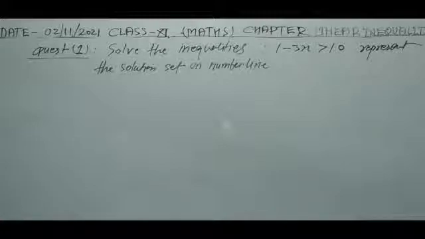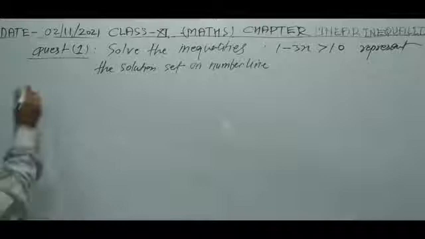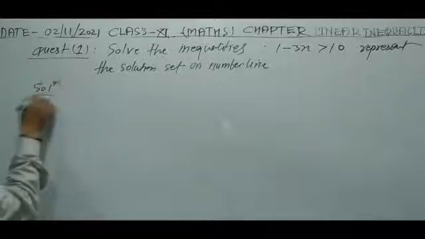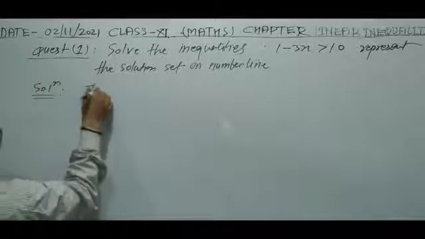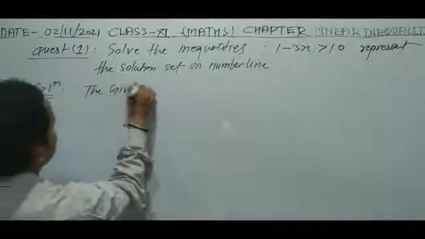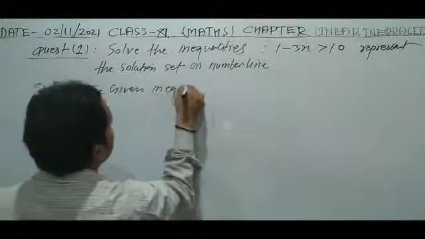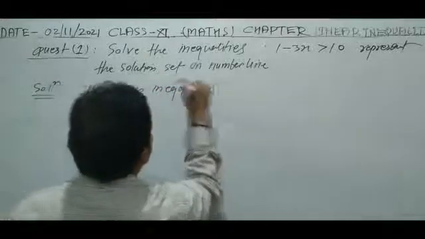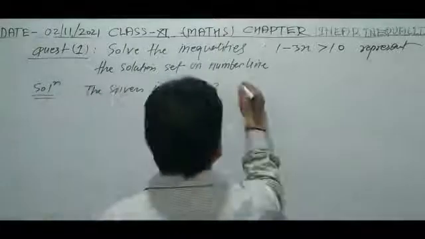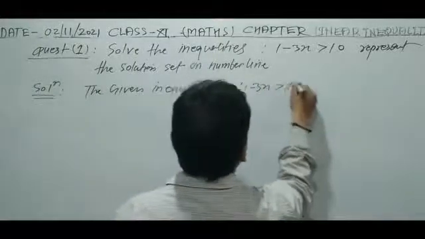Now see the solution. The given inequality, 1 minus 3x is more than 10.